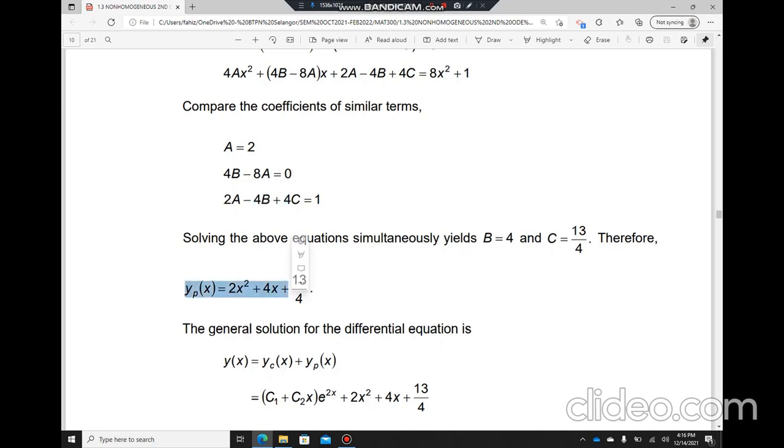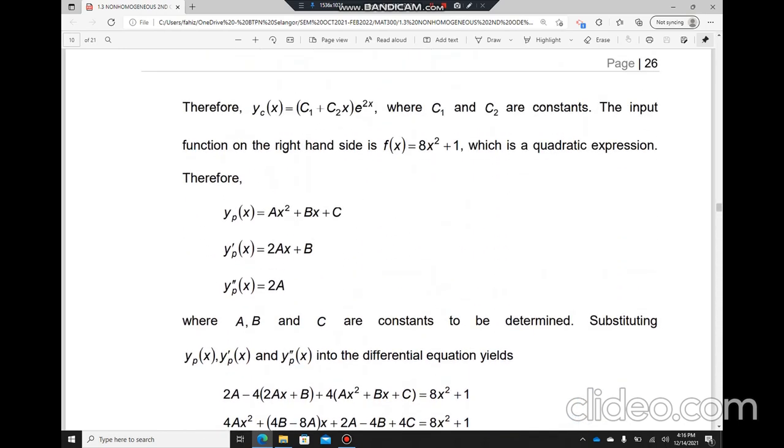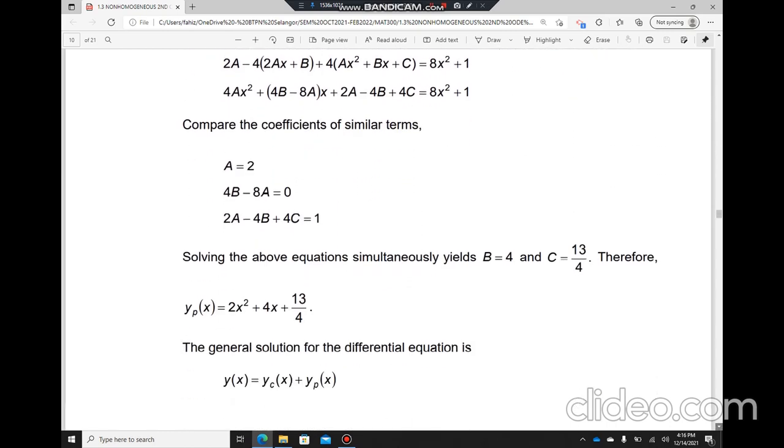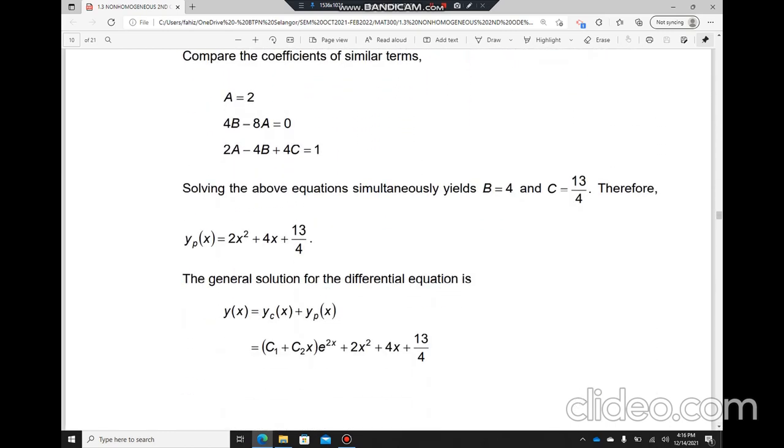Dari mana dapat ni? Okay, YP ni since kita dah ada nilai A, B and C, so awak cari balik YP awak yang ke atas ni. Since kita ada bentuk ni YP, so substitute A berapa tadi kita dapat, and then nilai B berapa kita dapat, and then dapat nilai C. So this is your YP, or particular solution. 2x square ni sebab A kita 2, and then BX sebab B kita 4, and then plus C. C is 13 over 4.